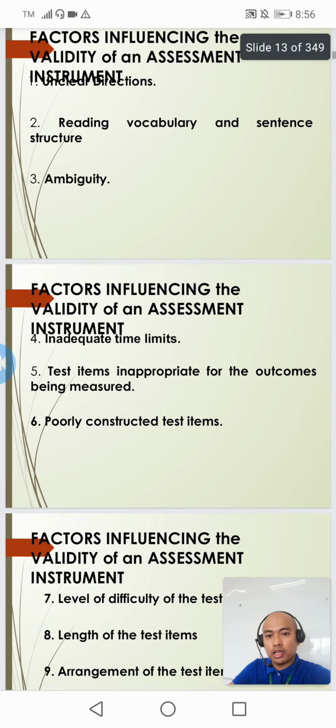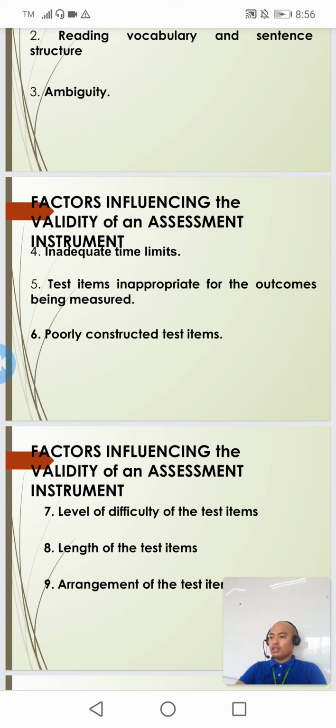Next, number 4, inadequate time limits. Inadequate time limits that do not provide students with enough time to consider the task and provide thoughtful responses can reduce the validity of interpretation of the results.